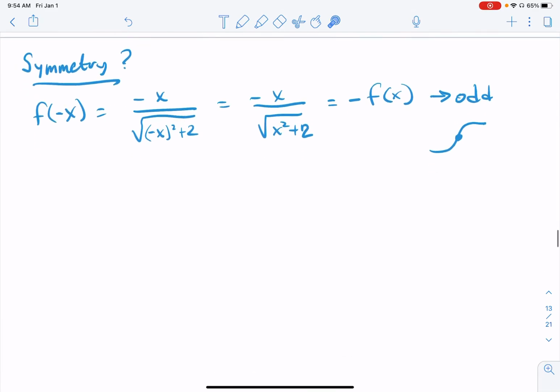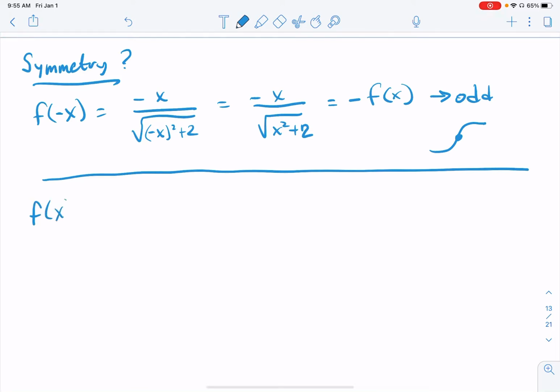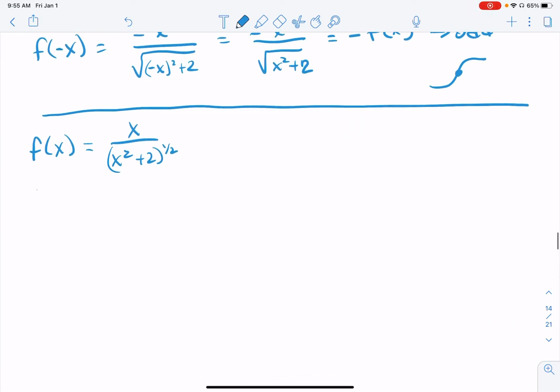The process is going to start with finding some critical numbers. Critical numbers happen where your first derivative is equal to 0. So let me write my function down one more time. I've got x over x squared plus 2, I'm going to write that to the 1/2 power, and I'm going to have to use the quotient rule on it. Hooray!